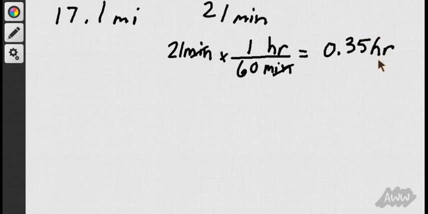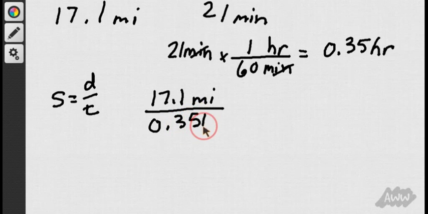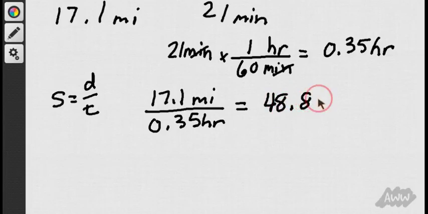So now we have our hours. We're ready to do our speed equation, which is speed equals distance divided by time. We have our distance, which is 17.1 miles. And we have our time, which is 0.35 hours. And when we do the math, you are going to come up with approximately 48.86.